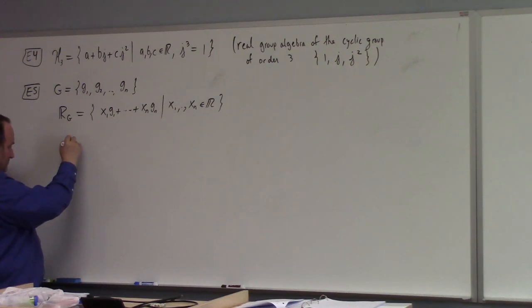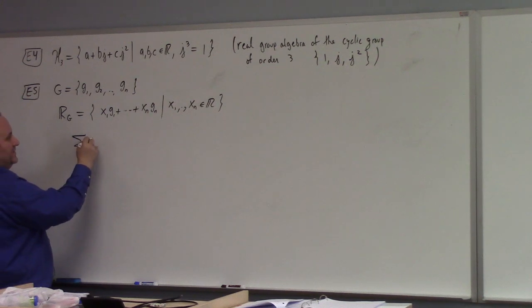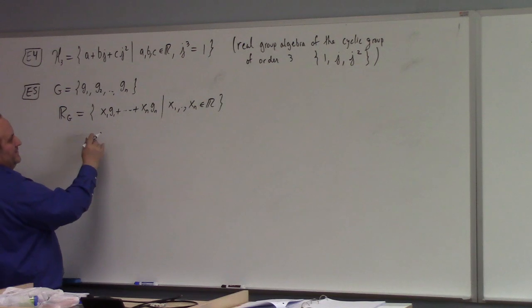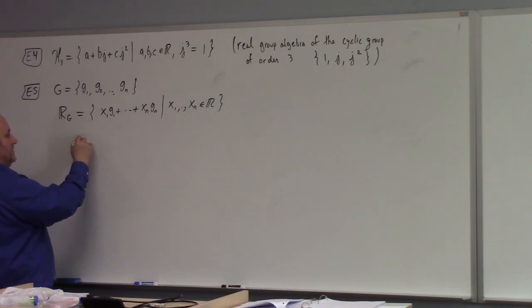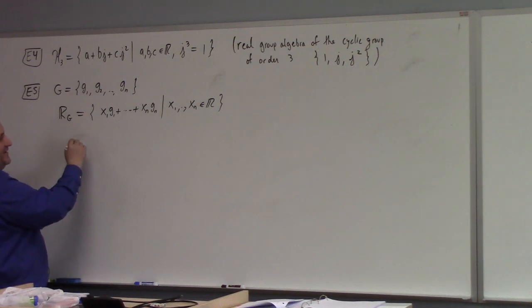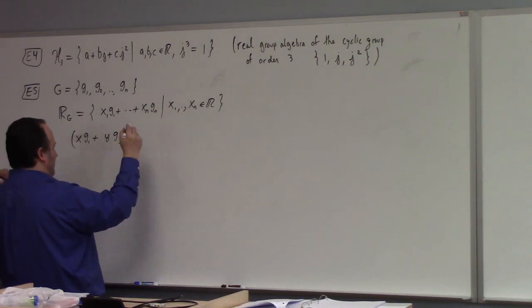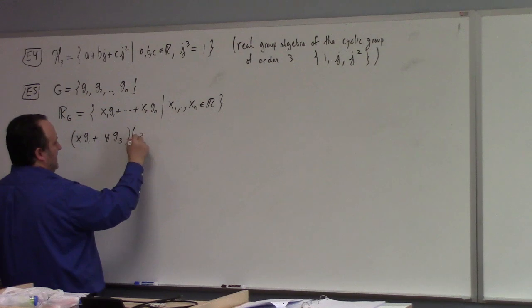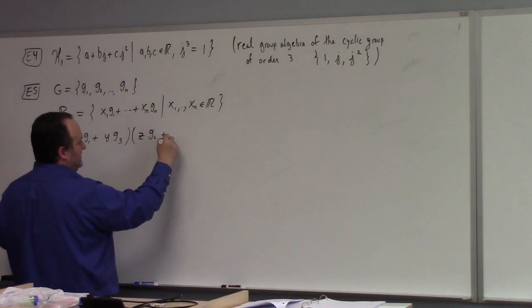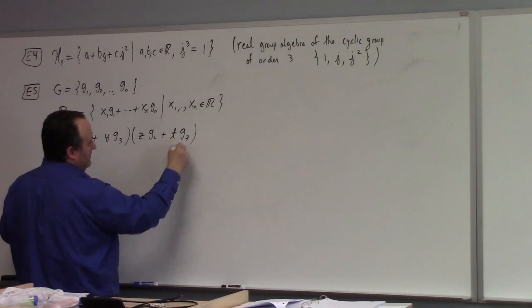If I've got the sum of, well, good grief. How to explain this briefly. Sample calculation, all right? If I have x times g1 plus y times g3, and I multiply it by z times g2 plus t times g7, whatever.